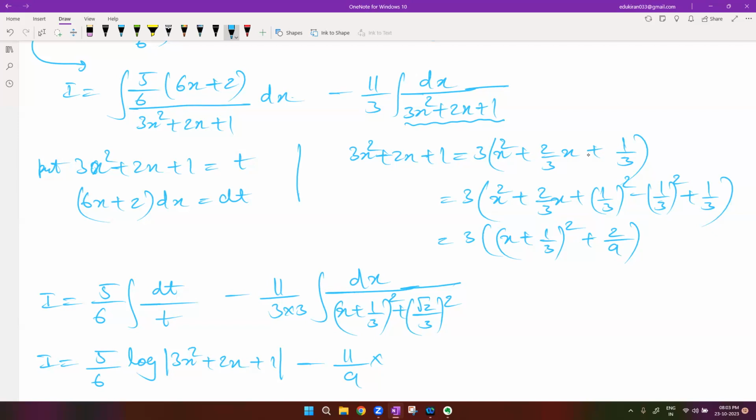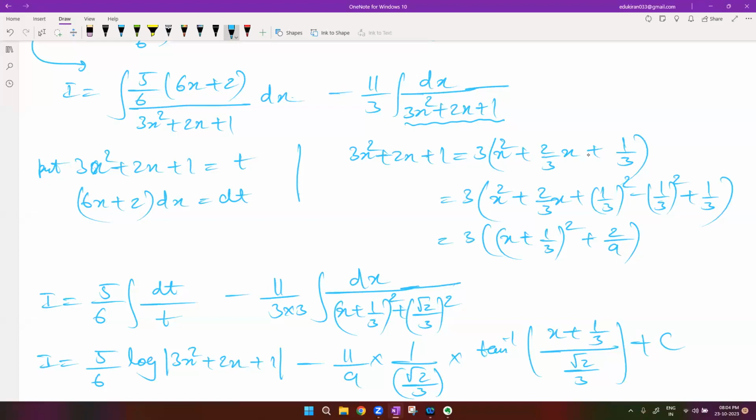What is the answer for dx upon x square plus a square? 1 by a tan inverse x by a, right? And you know what is a. So 1 by a is root 2 by 3 into tan inverse x, in place of x, it is (x plus 1 by 3) divided by a.